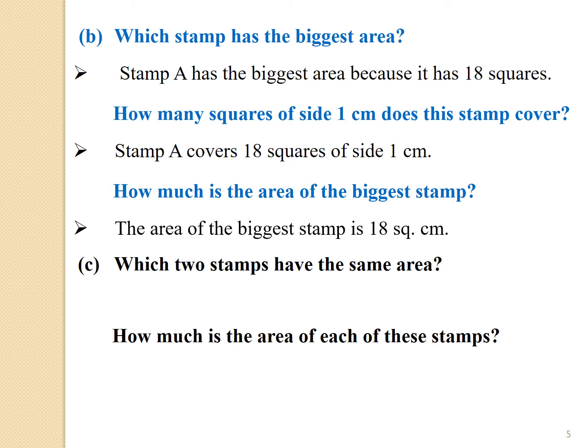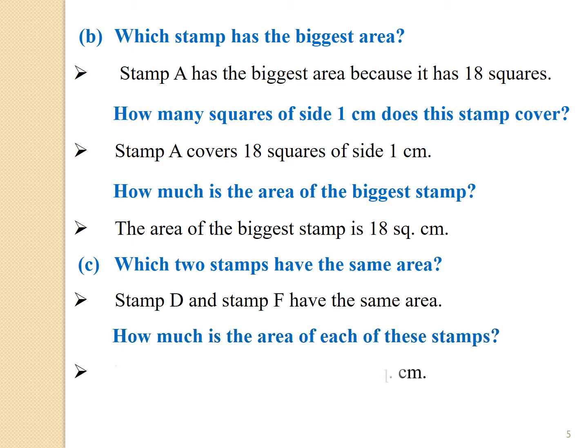Now, question C. Which two stamps have the same area? Stamp D and stamp F have the same area. How much is the area of each of these stamps? The area of stamp D and F is 12 square centimeters.